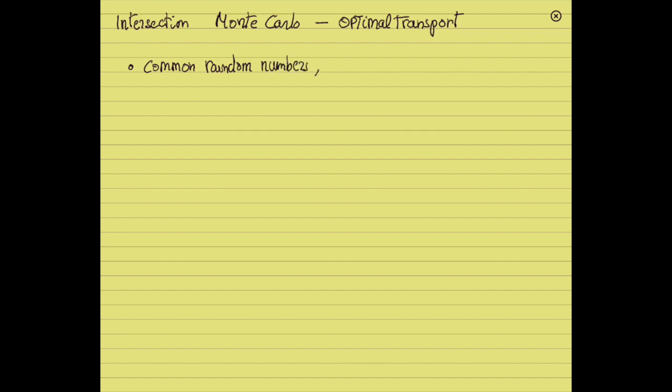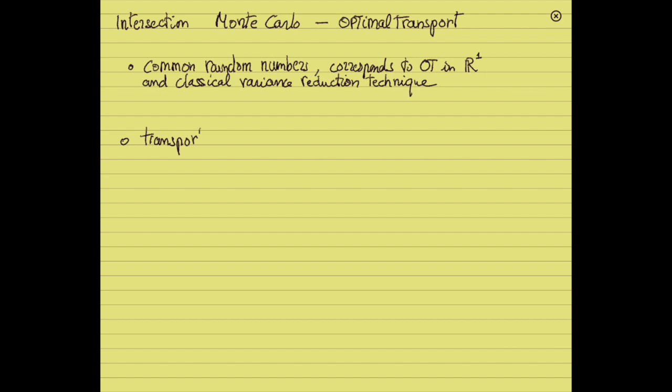We've seen that it exactly corresponds to optimal transport in 1D: common random numbers combined with inverse transform sampling. But in fact, common random numbers are very classical in the Monte Carlo literature as a variance reduction technique. And you'll find things like control variates or antithetic variables in any book on Monte Carlo. So that's one common point between those topics.